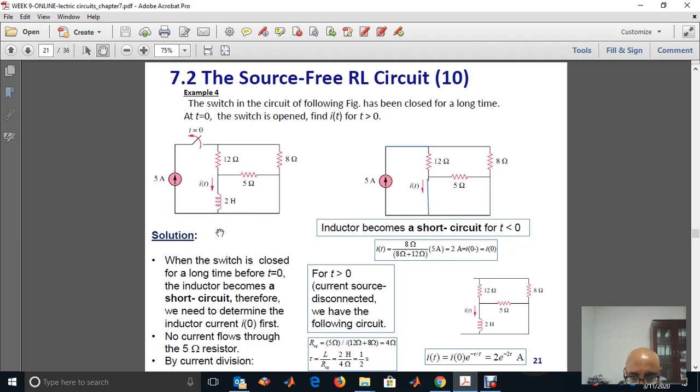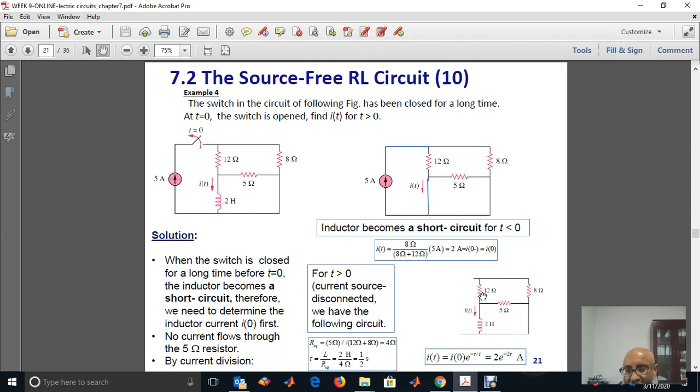After that, the switch is opened. With the switch open, we have these 3 resistors and the inductor, and we should find the Thevenin equivalent resistance.